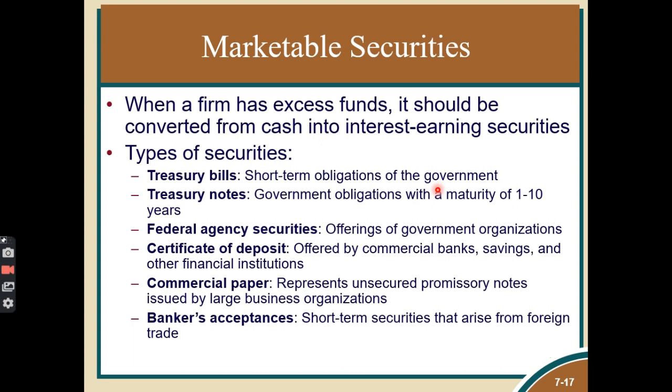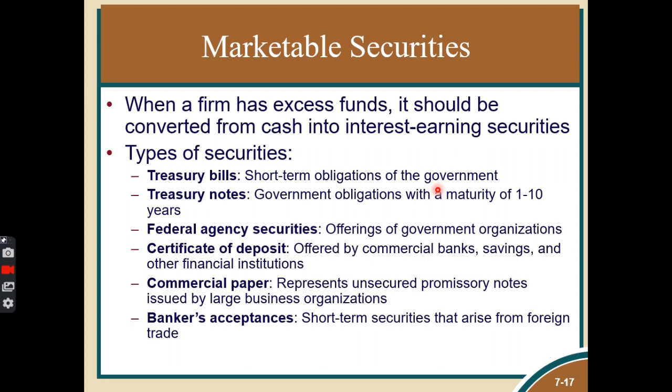Okay? And you can invest in various securities such as treasury bills, treasury notes, and federal agency securities, which are basically securities of the government. Certificate of deposit, or time deposit for purposes of better understanding, is for time deposits with the bank.